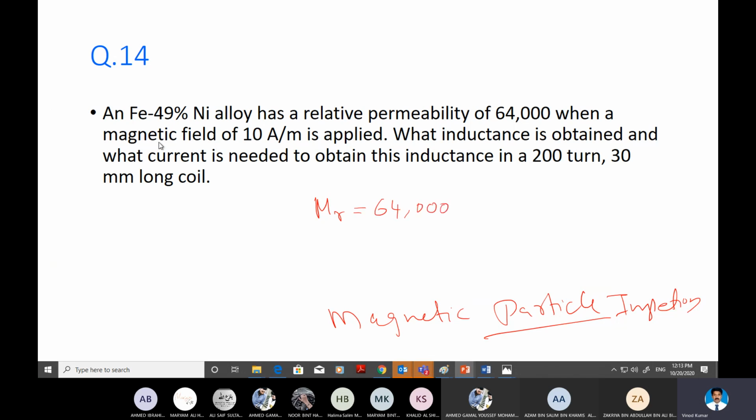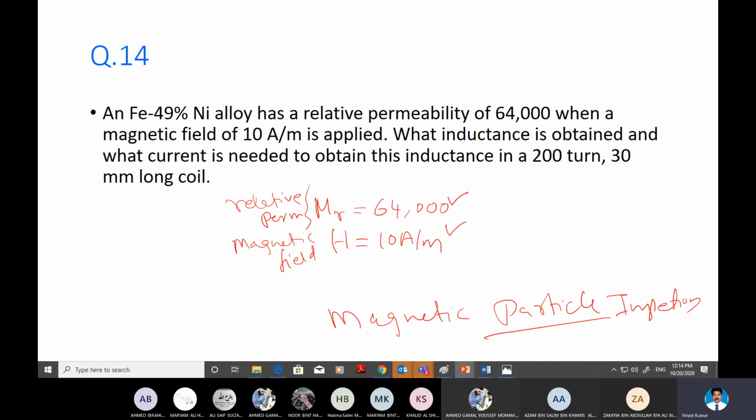Now when a magnetic field of 10 ampere per meter is applied, the magnetic field is H. So we have mu r and magnetic field H. So relative permeability and magnetic field are given in the question.